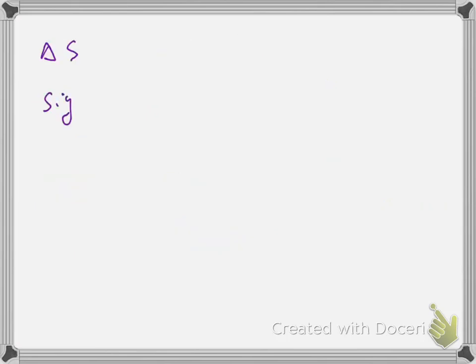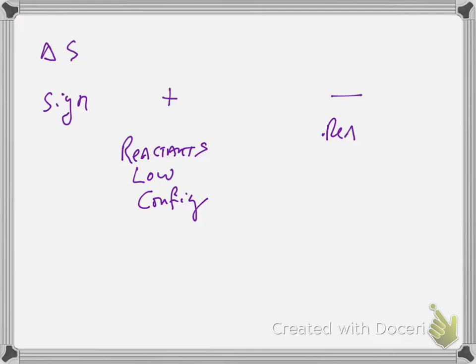For a review of entropy, the sign of delta S, positive versus negative: if it's positive, that means the reactants have low numbers of configurations. If the delta S is negative, the reactants have high numbers of configurations.